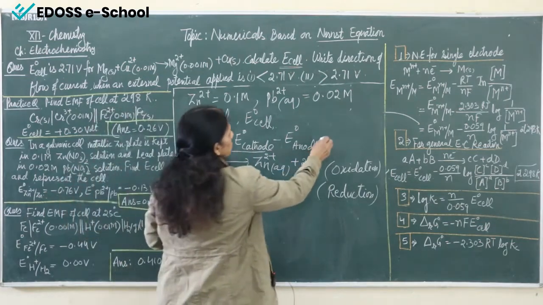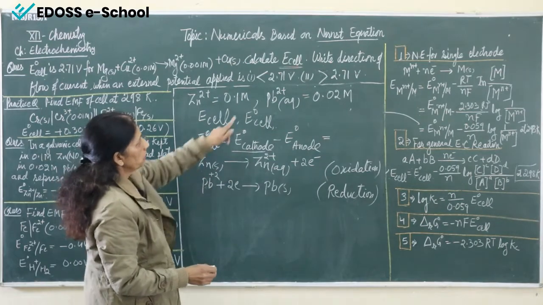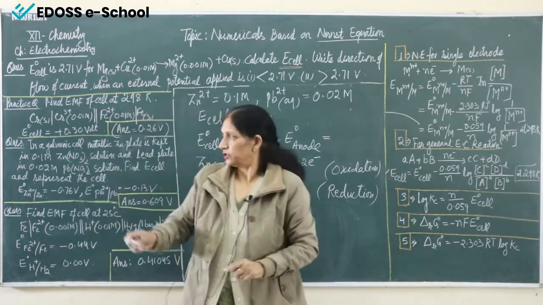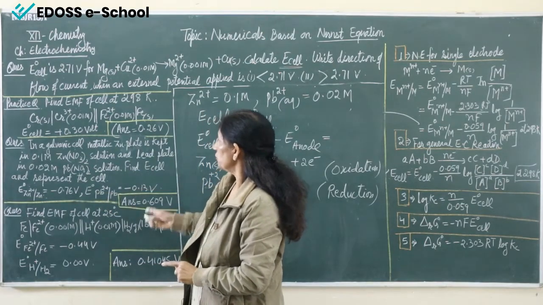So how will we find this value? Cathode is Pb, so the Pb value is already given to you in the question, this is minus 0.13.